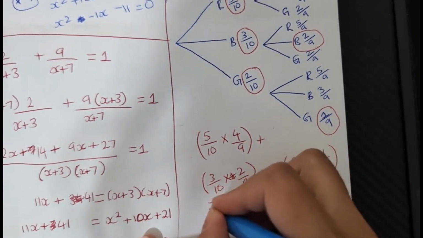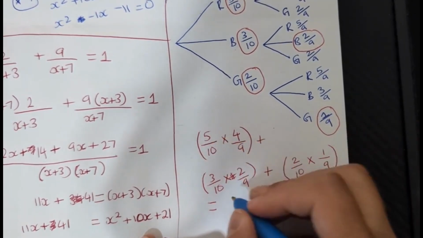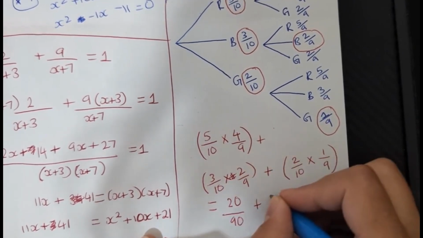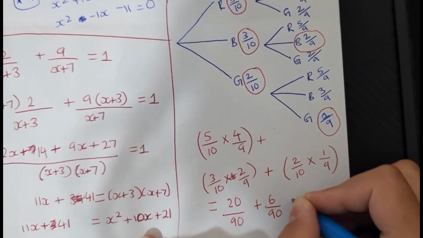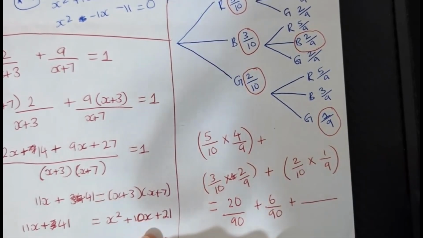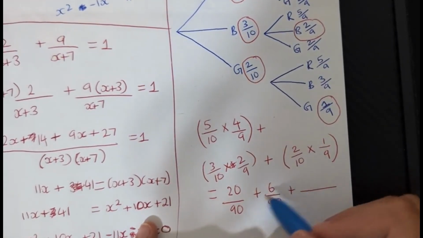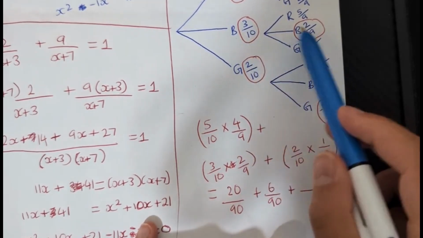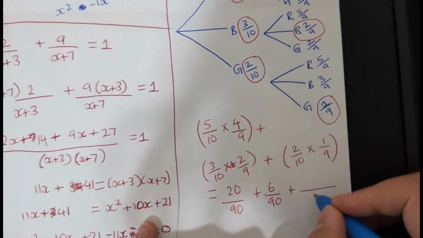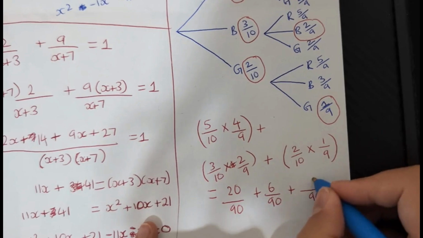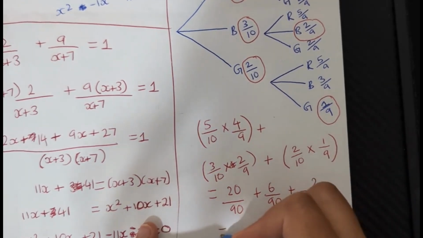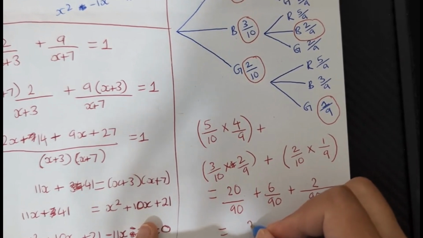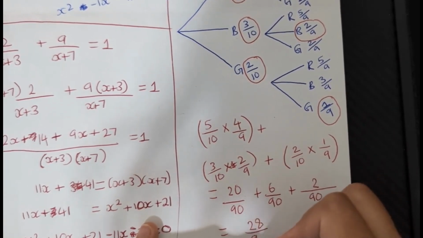Now if I times them and then add them, I get 5 times 4 is 20 out of 90, plus 3 times 2 is 6 out of 90. The denominators, you'll notice, are going to be the same for all of them, so that will make your addition in the end very easy. They will always be the same because you've always got the same 2 denominators that you're multiplying together. So out of 90 again, and it's just 2 as my numerator. If I add them together, I get 26 plus 2 is 28 out of 90.